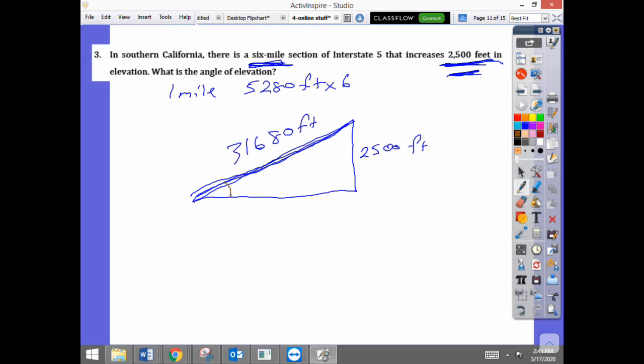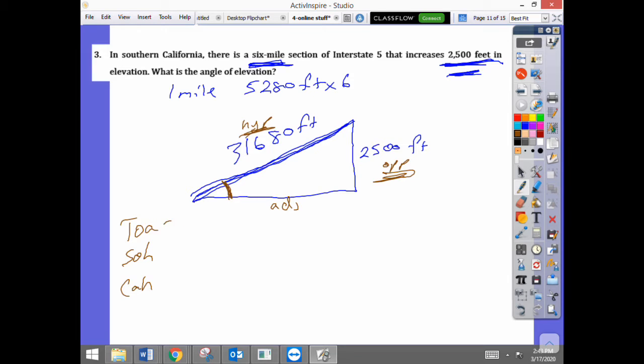What we want to know is this right here. Again, according to our angle, this is the opposite, this is the adjacent, this is the hypotenuse. Remember SOHCAHTOA. I have an opposite and a hypotenuse.